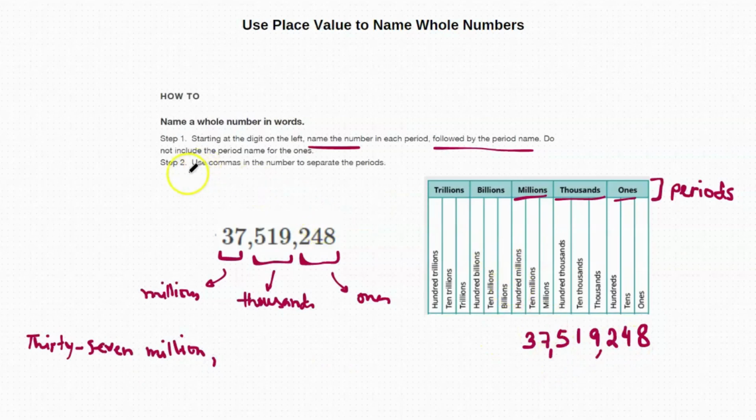Remember that we use commas in the number to separate the periods. The next number is 519. So we write 519. And then we name the period name, which is thousand.